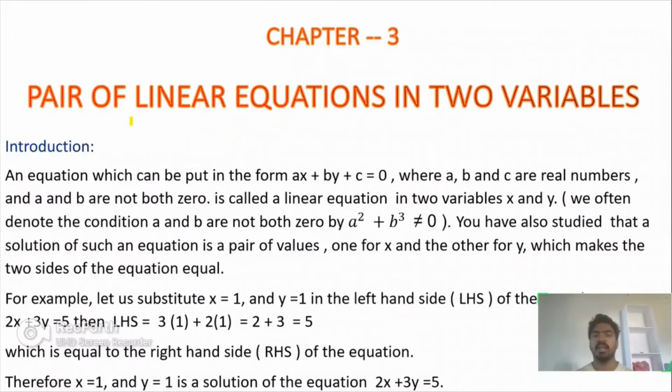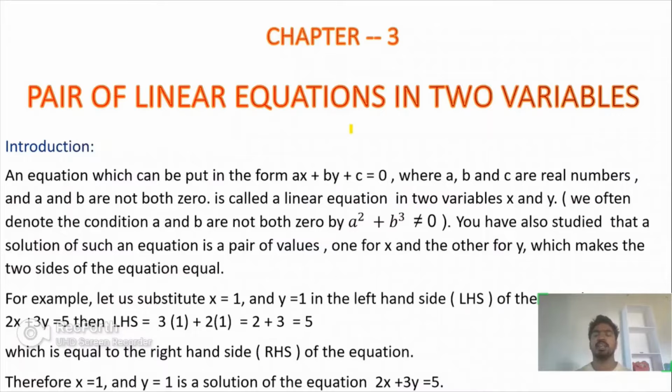So, if you want to make a linear equation, then we have to equate a linear polynomial to 0. That is, a linear equation can be formed by equating a linear polynomial to 0.